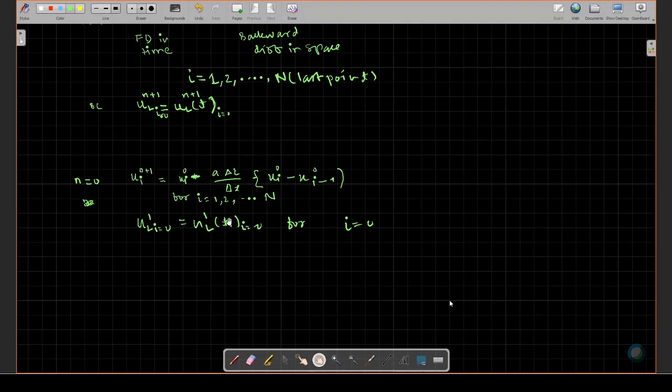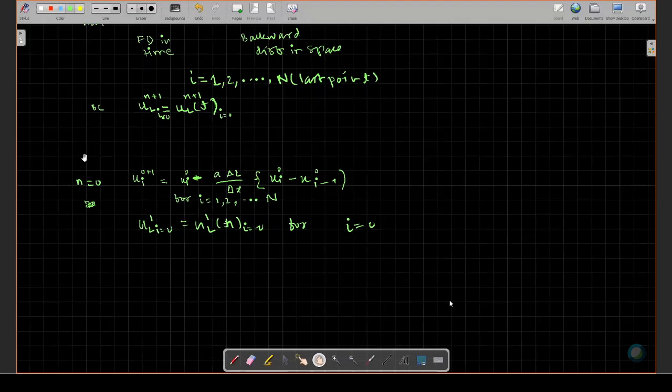And these conditions will change. So these equations have to be solved simultaneously to get the solution once you have the known initial conditions. So the algorithm to solve such a problem is like this.